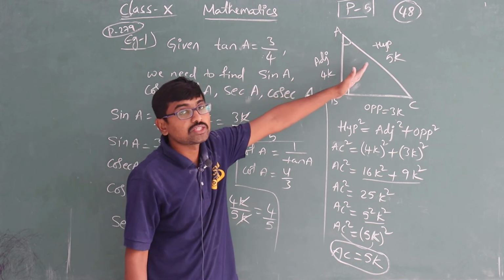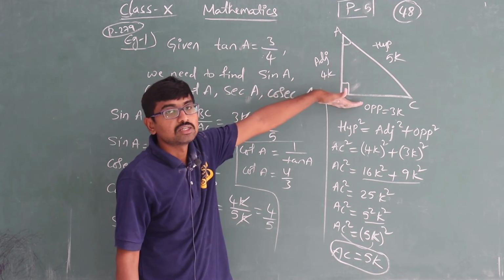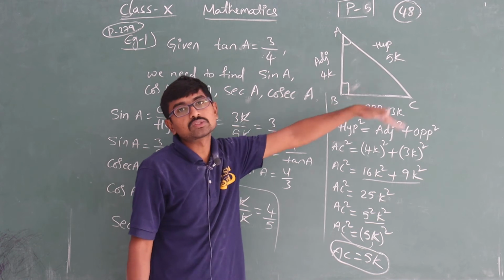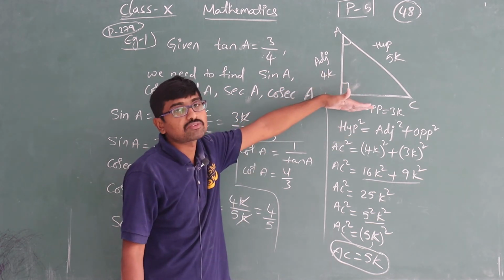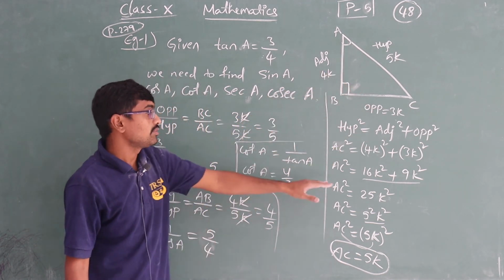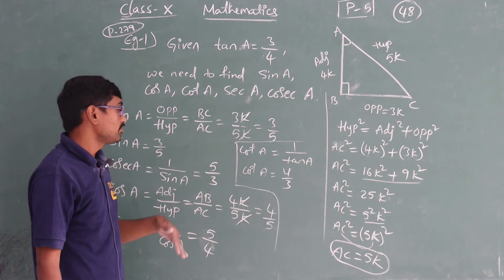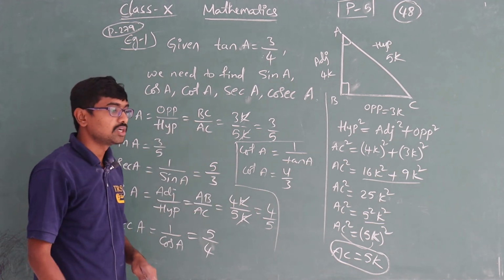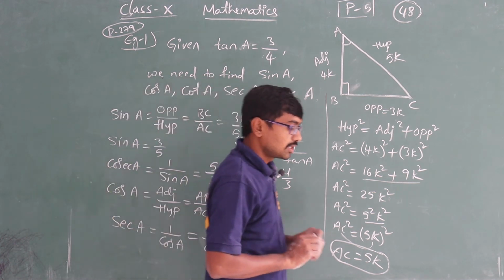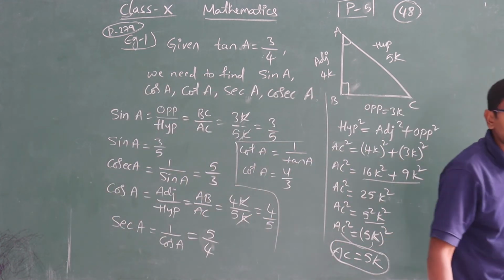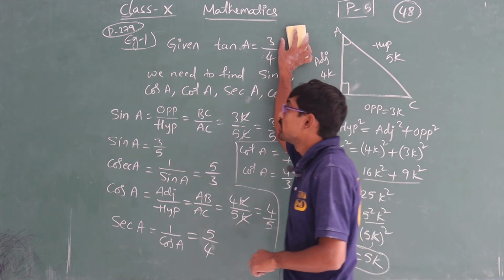As 2 ratios are given, we have to find the third one: 2 ratios converted into 2 sides, and from that we find the third side, simplify, and find the other trigonometric ratios. So for this, remembering all the trigonometric ratios is very important.